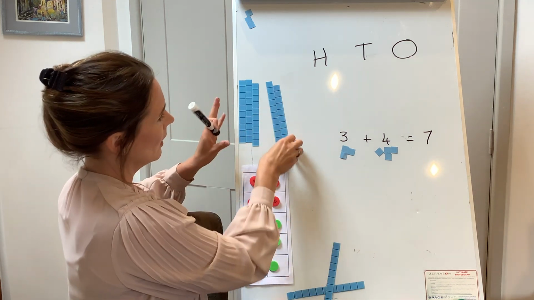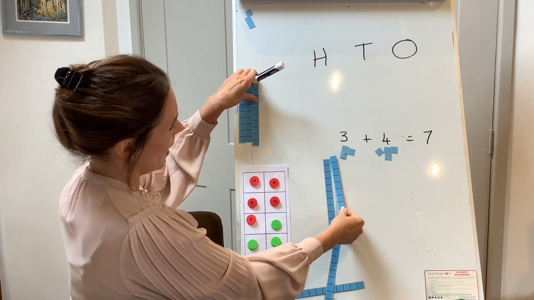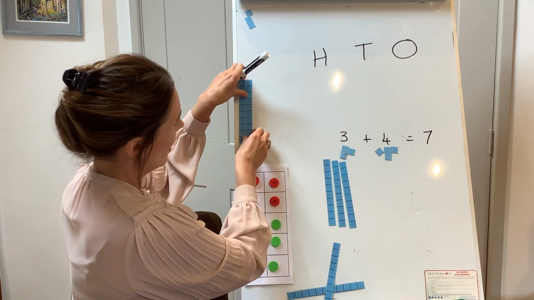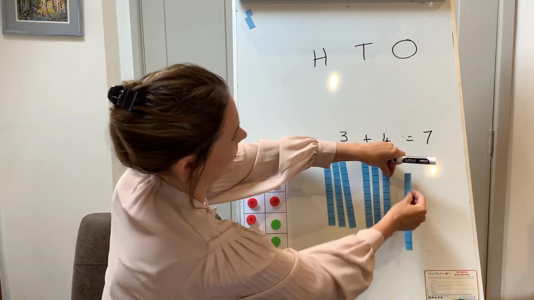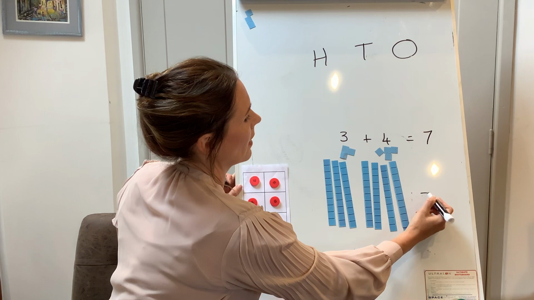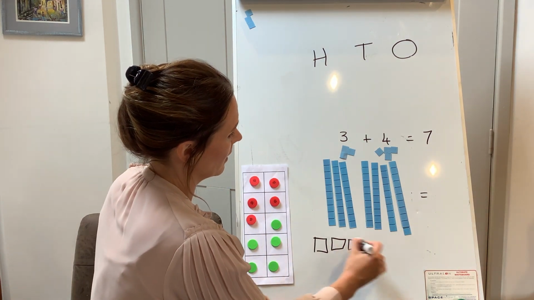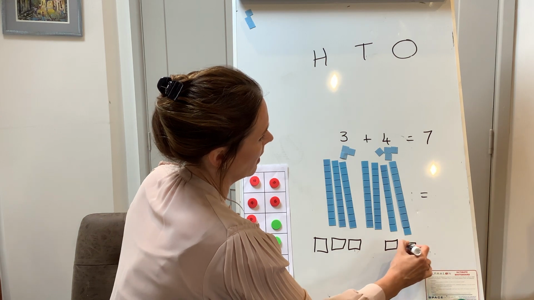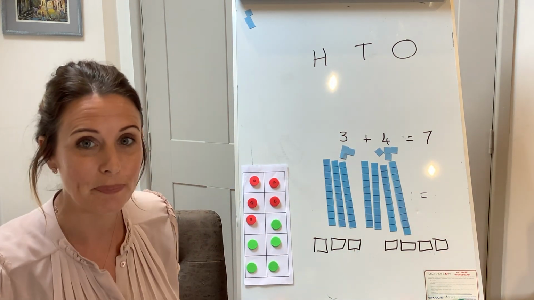Build this up now using tens. So have a think, what would that be if we had 3 tens and 4 tens? And what would it be if we had 300 and 400? Have a go at that one.